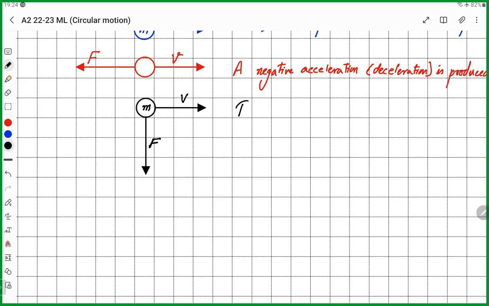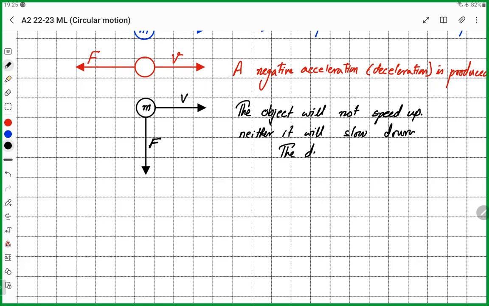The object will not speed up, neither will it slow down. Then what will happen?